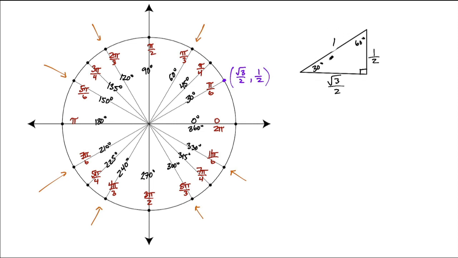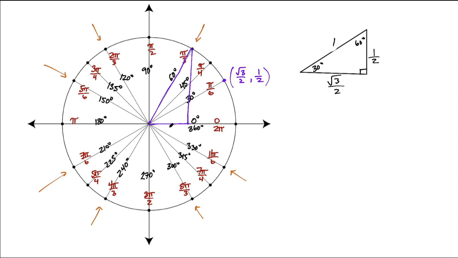If I were to continue in that manner, you can see that from this right here, I could connect straight down to the horizontal axis, and you'd see that that would create, again, a 30, 60, 90. Now the 60 is down here and the 30 is up here.